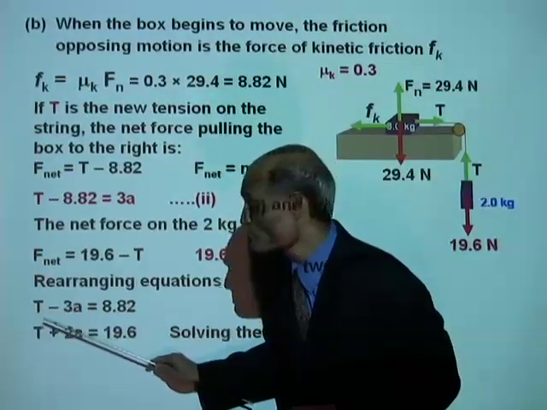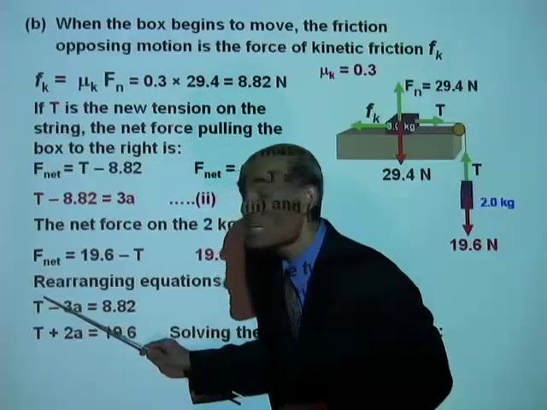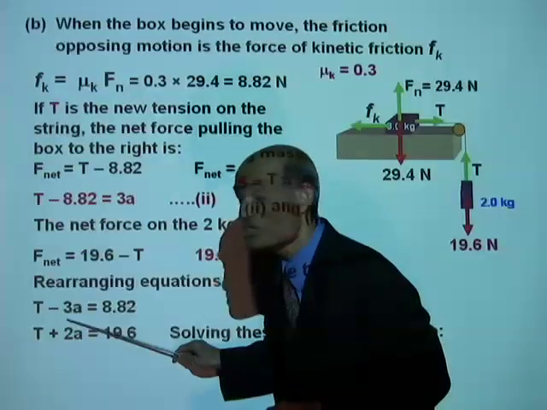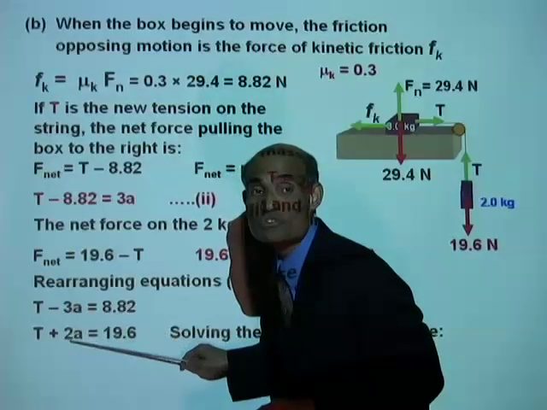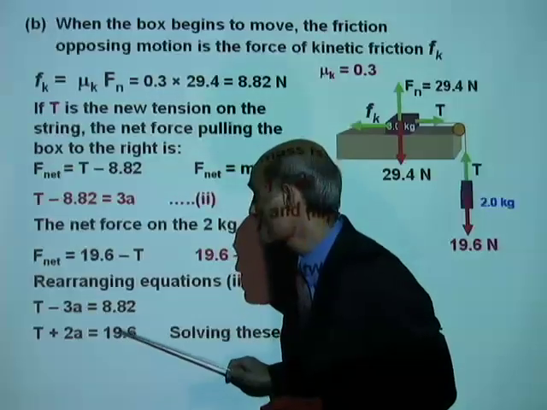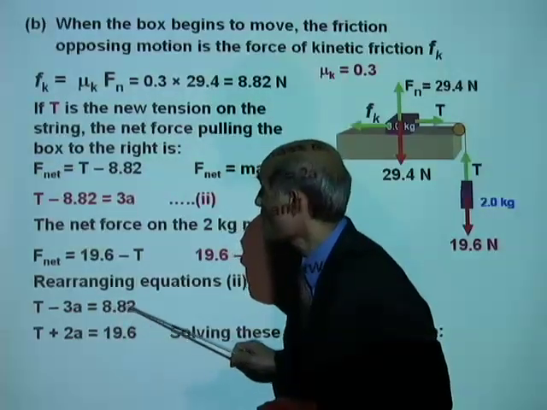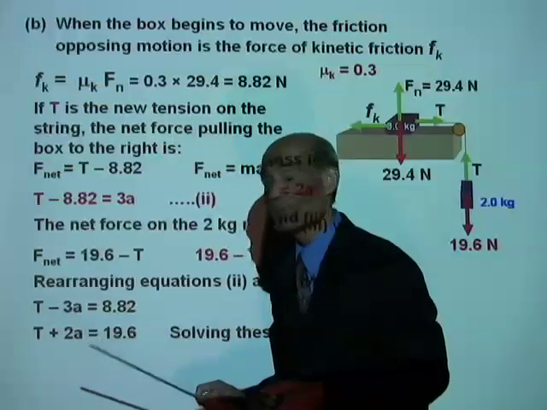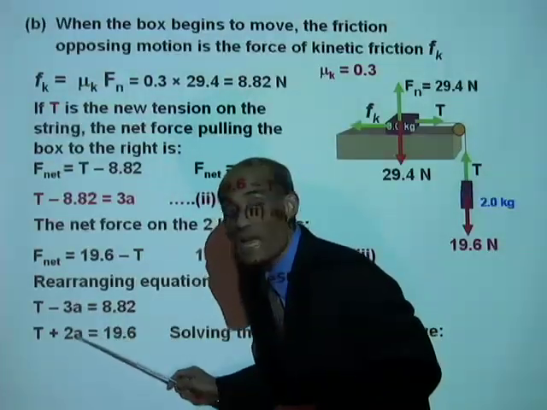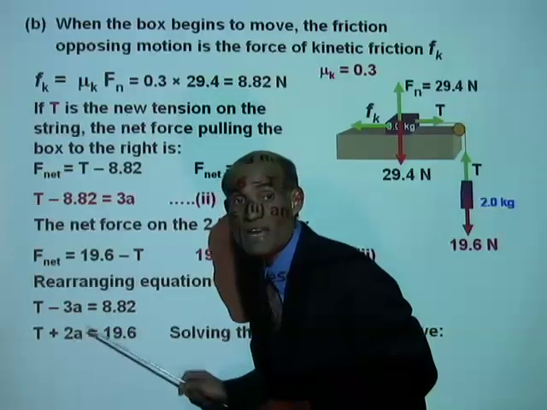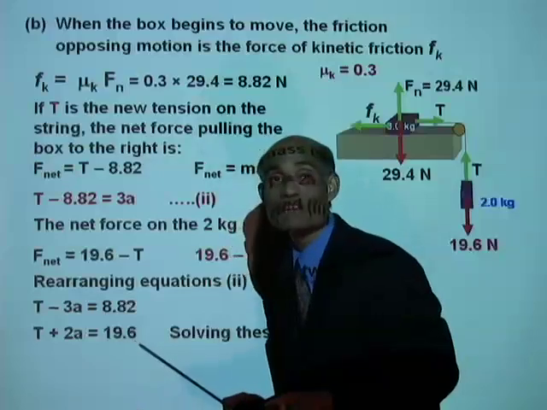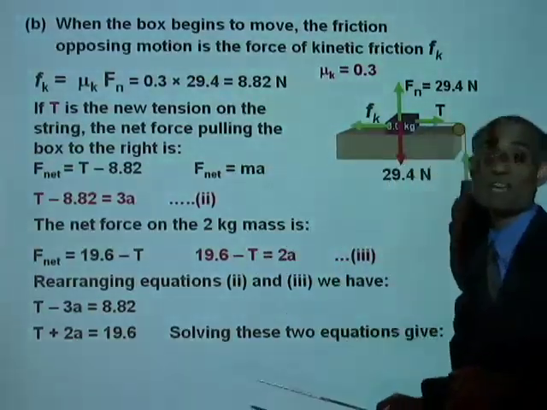Now look at the way I'm going to subtract. T minus T is 0, so the T's will go. 2A minus negative 3A is 2A plus 3A, that is 8A, equal to 19.6 plus 8.82. So you have 5A, is that right? 5A equals 19.6 minus 8.82, and you can calculate A from there.